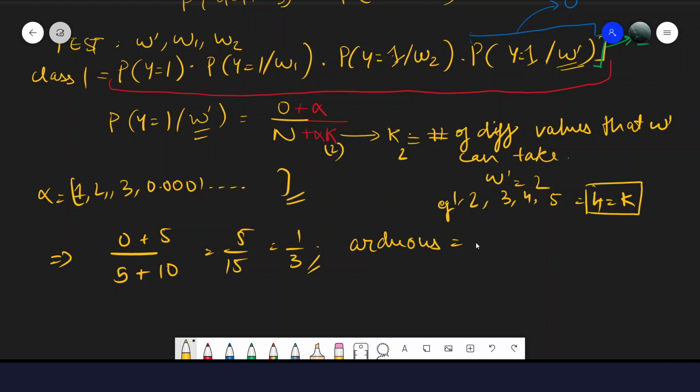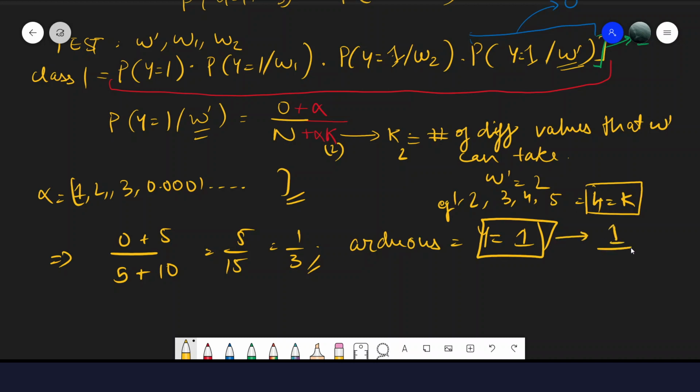And if you observe your data set, you see that arduous comes only where the value of y is equal to 1. So you would ideally want to give alpha a very high value, because we know from our data set that arduous is a very esoteric word and it comes very rarely. So I want to give it a very high value so that whenever it comes, my classifier identifies the class correctly as 1.